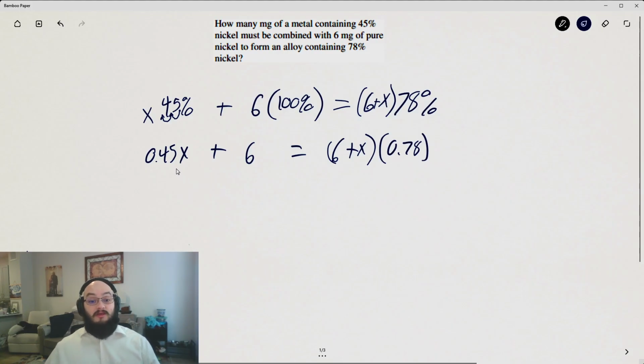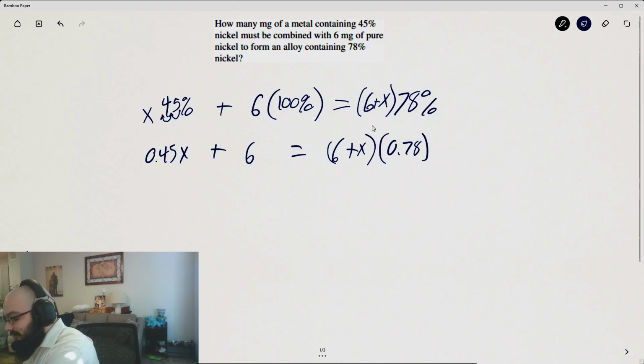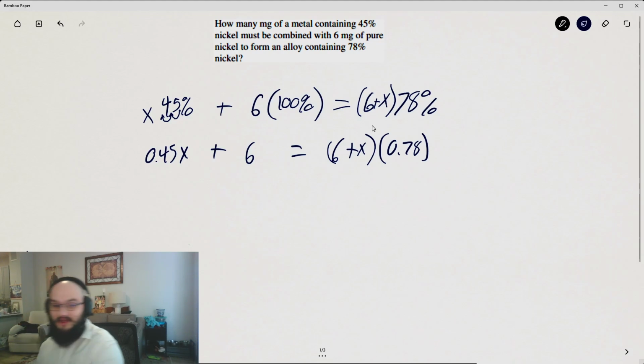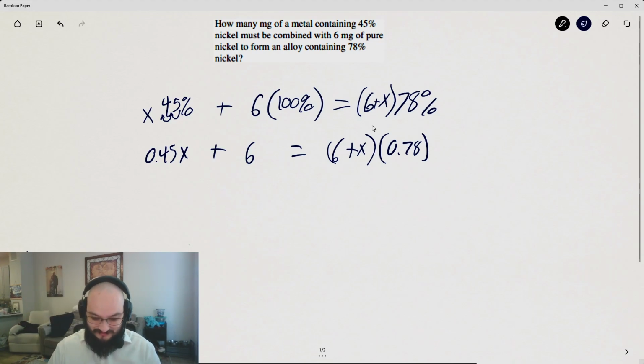Now, we do this distributive property to figure out what this side of the equation is, isolate x, and solve for our variable. This multiplication I cannot do in my head, so I am going to do this on a calculator.